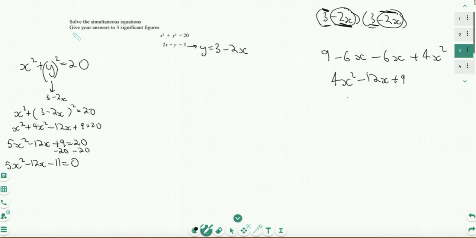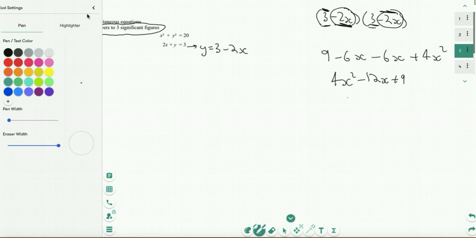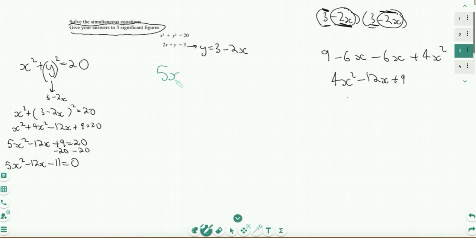Have a look at the top. Give your answer to 3 significant figures. This is really important. If you're ever given a quadratic, in this case our quadratic is, I'll write it nice and big on top, 5x squared minus 12x minus 11 equals 0. If you're ever given a quadratic and you're asked to give it to 3 significant figures or any number of significant figures or decimal places, you cannot factorize it using quadratic factorization.